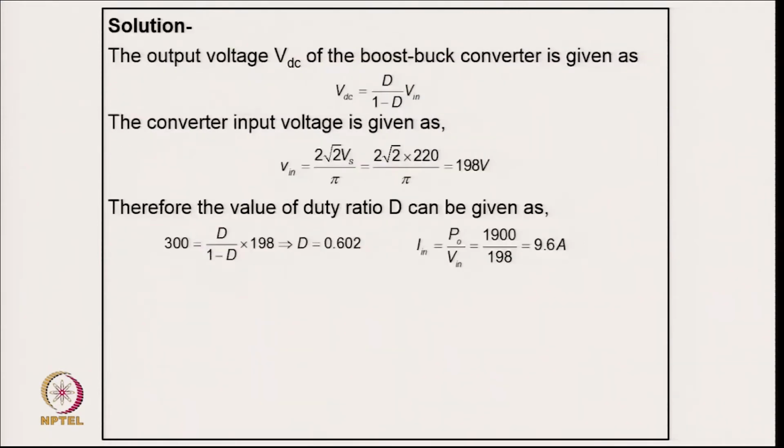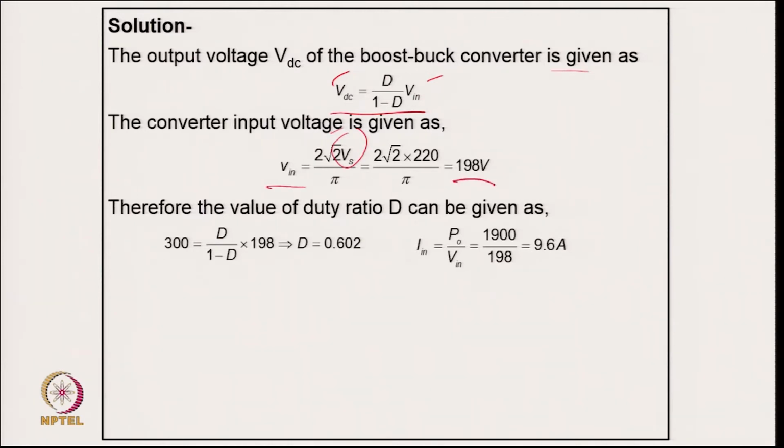And now coming to the numerical part of this. For this buck boost converter, this is the typical relation for a non isolated buck boost converter. You have the output voltage in terms of the input voltage, where the input voltage here is the average output of the diode rectifier, which can be calculated from the supply RMS voltage from this relation.